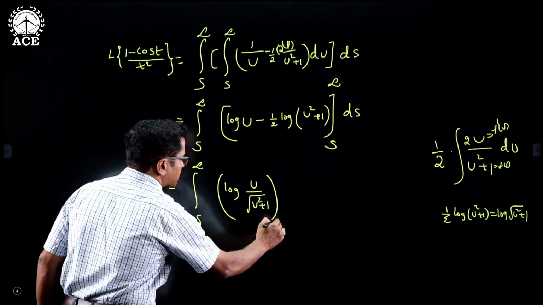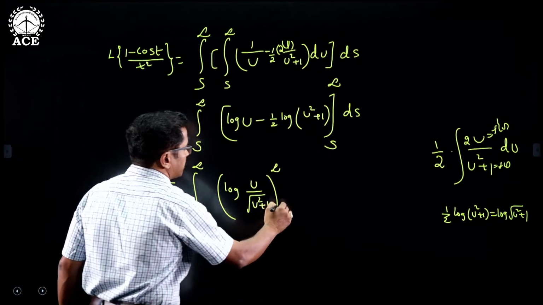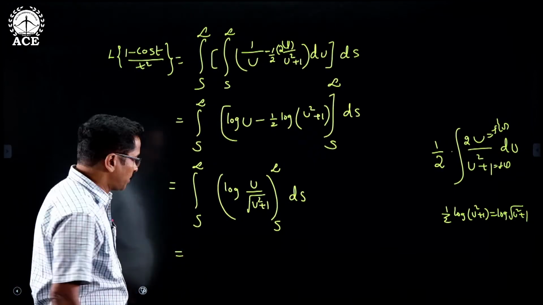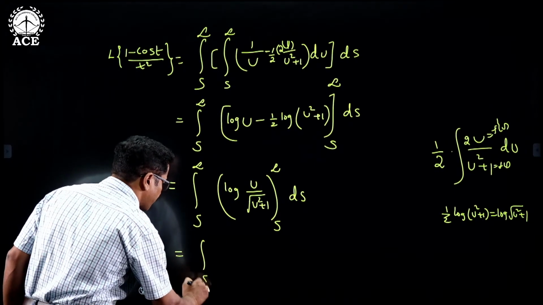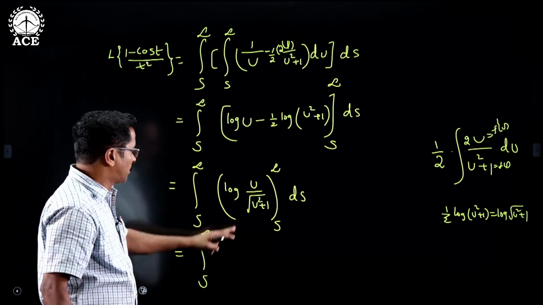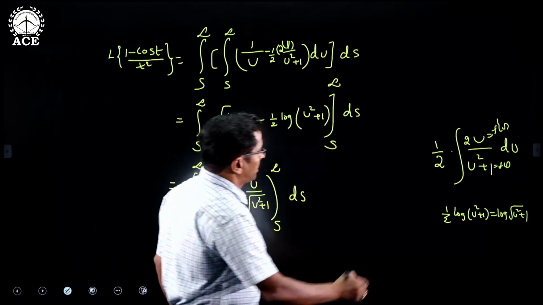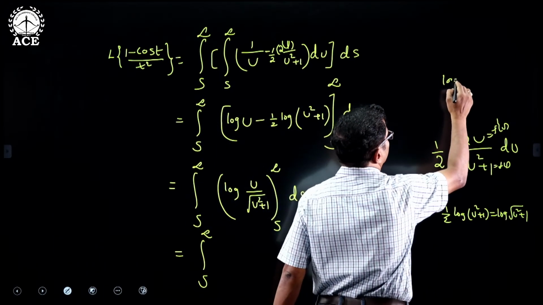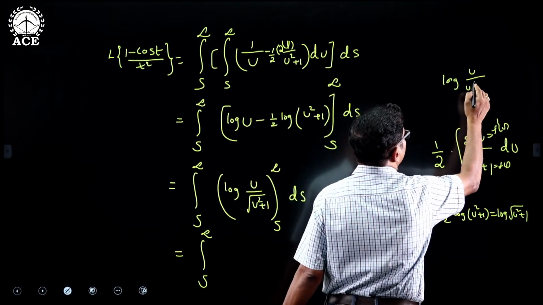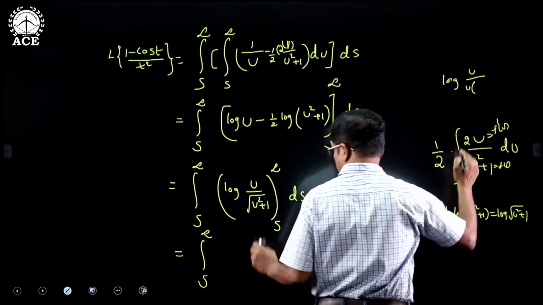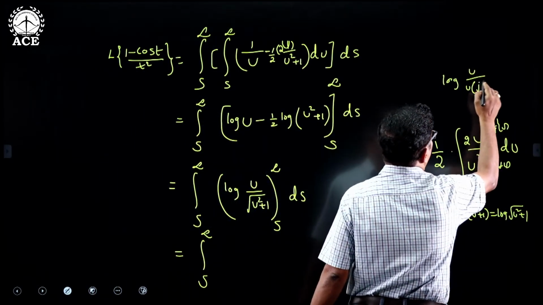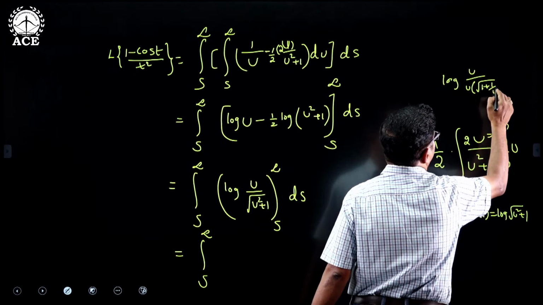Okay. So the limits s to infinity, ds. Now you take the limits of integration s to infinity. If I apply the upper limit, it is going to be 0, because log of u by root of u square plus 1: if I take u square out from the root, it becomes u into root of 1 plus 1 by u square.